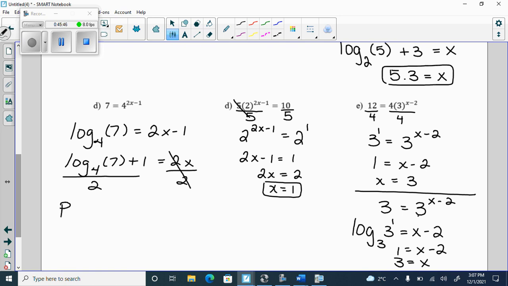So, page 380. There's going to be a few pages. Page 380, numbers 2 and 3, and 8.